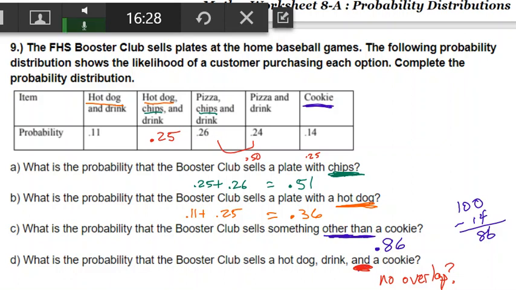That's a question of overlap, and there is none. There's no place in there where they offer a hot dog, a drink, and a cookie. So I would have to say 0.00. That doesn't strike me as a realistic answer, but based on what we have so far, that is the correct answer. So note to self, try not to ask a question like that on the test.